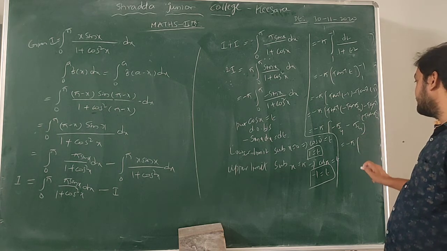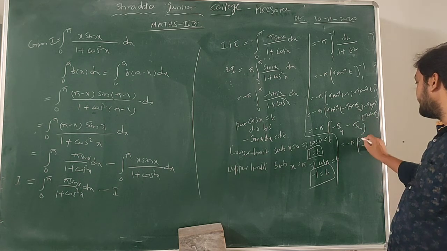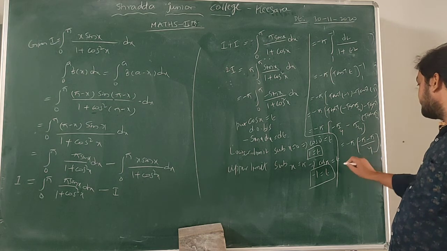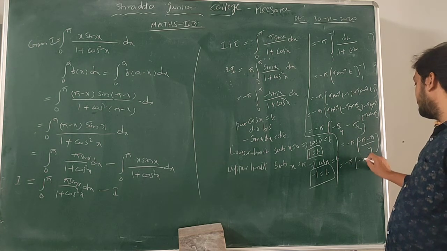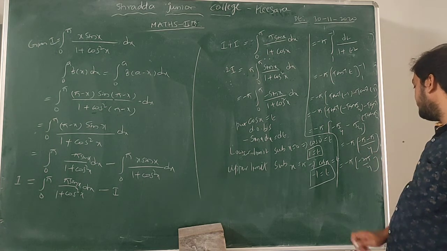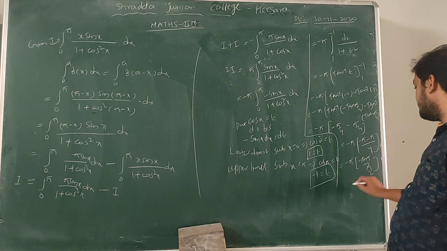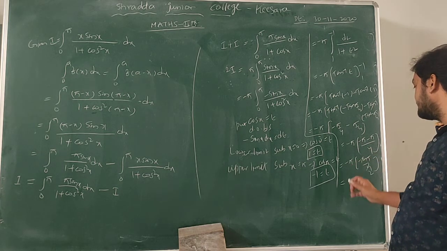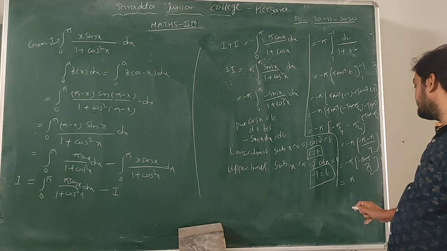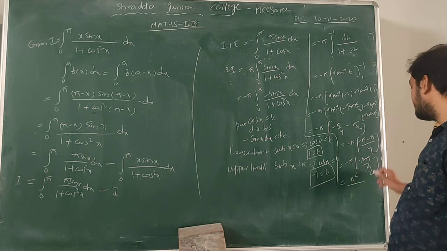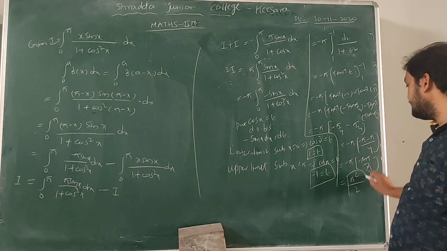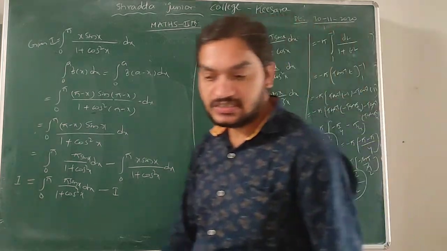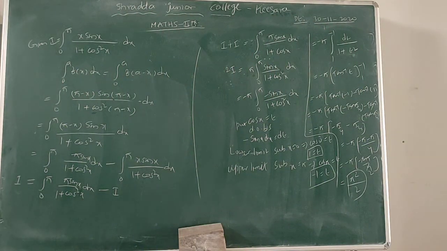Here minus pi into 4 is the LCM: minus pi minus pi, minus 2 pi, right? So here the minus into minus, how much, that is plus pi into pi square by 2. So this is our required answer.